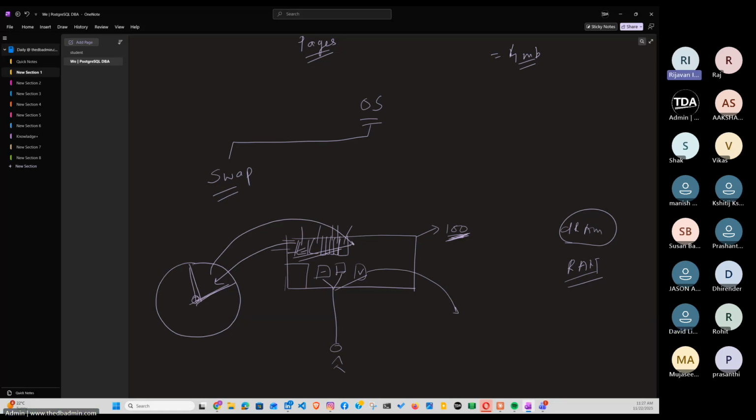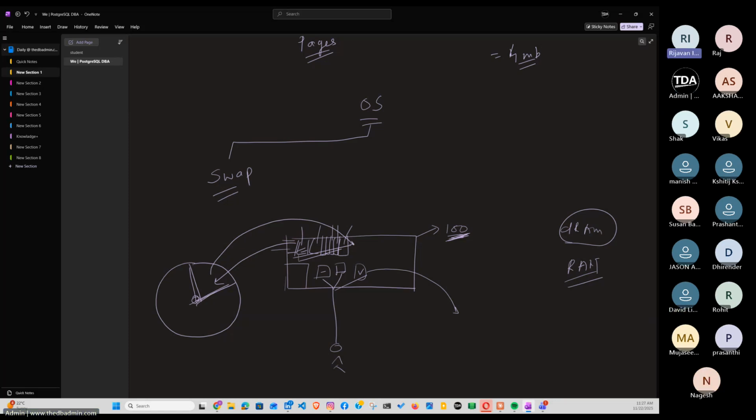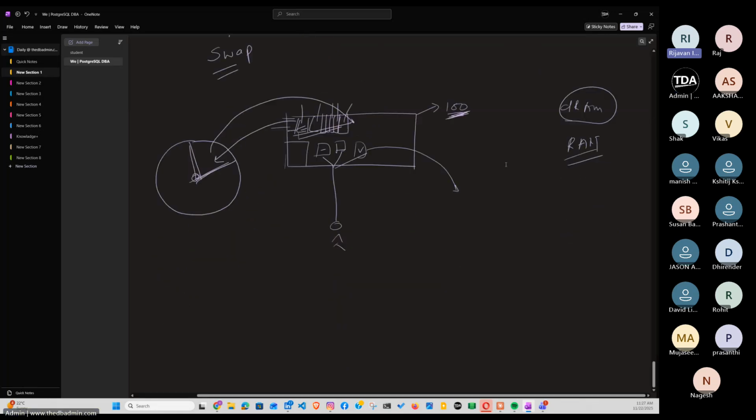Abhishek, can you explain with an example in a database, where we observed a situation where swap was necessary? Yes, let's suppose you have a very big query, and that query keeps running on your database.